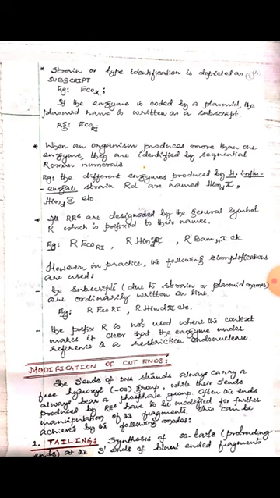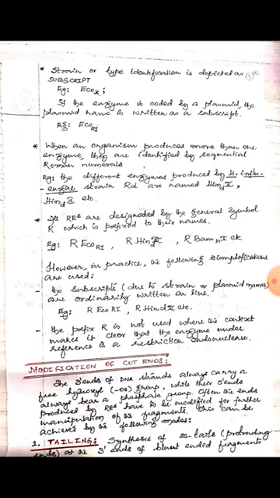If the enzyme is coded by a plasmid, the plasmid name is written as a subscript. So ECO R1, right? Now this is the third rule. So strain or type identification is depicted as subscript. By chance if the enzyme is extracted from the plasmid present in the bacterial cell, its name is written as subscript. This is the third rule.